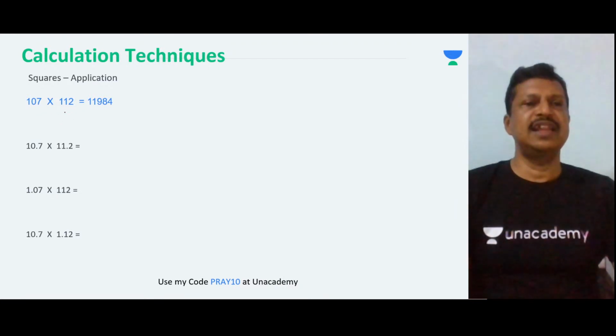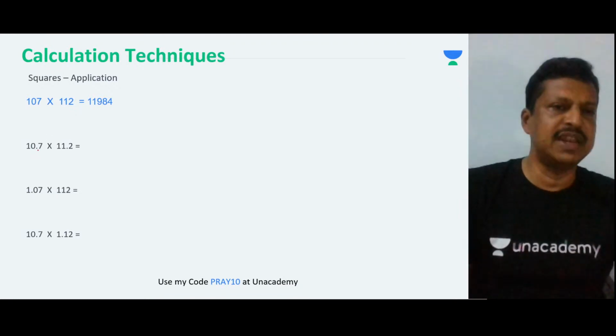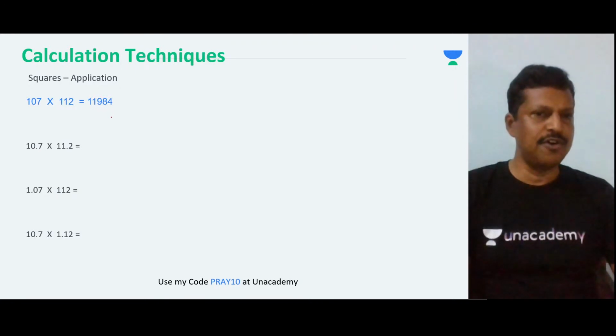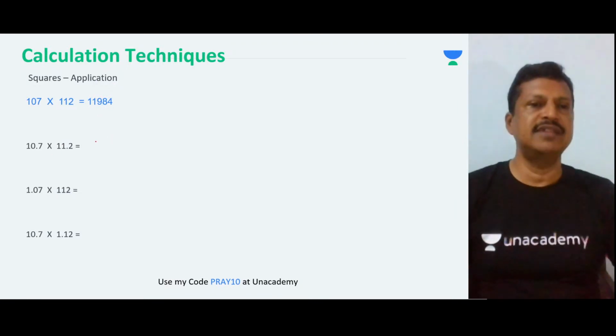So I've already taken the reference, so you can very well understand. As I told you, forget the decimal. It is 107 into 112. So I know that is 11984. And I know that there is a decimal point after one digit and there is a decimal point after one digit. So in your answer, there will be a decimal point after two digits. So what will be your answer? Your answer comes out to be 119.84.